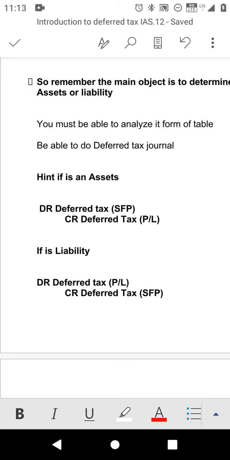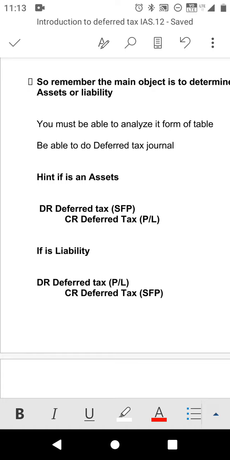Okay, then hint, if it's an asset, debit deferred tax which is presented in the statement of financial position, and credit deferred tax which is represented in P&L. So in other words, you debit and credit deferred tax and deferred tax, but if you don't show it in brackets, you're not going to get marks.